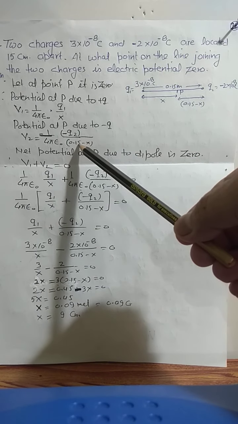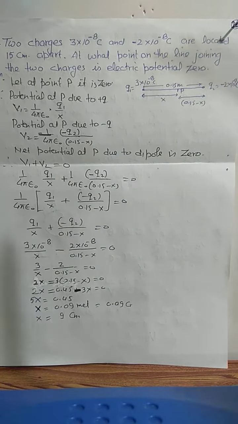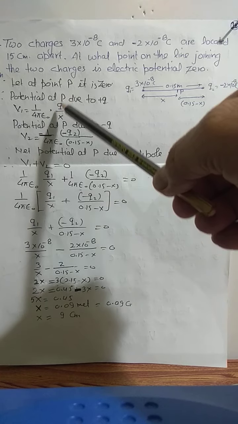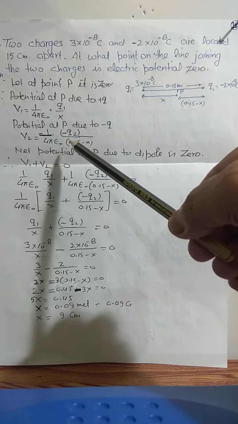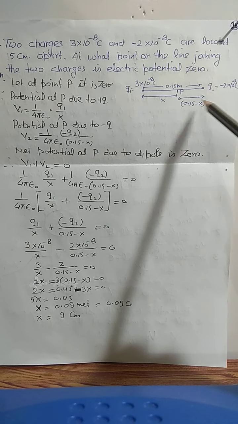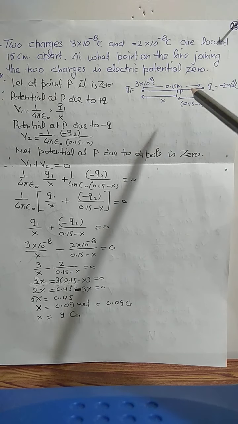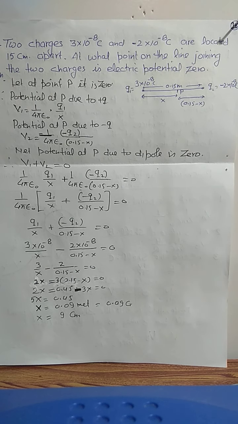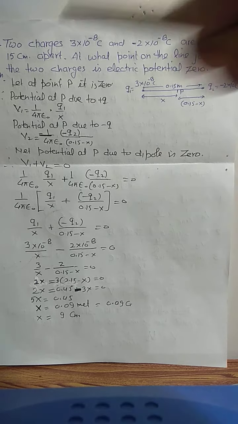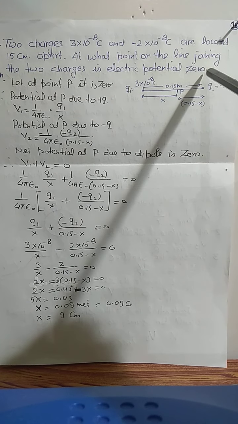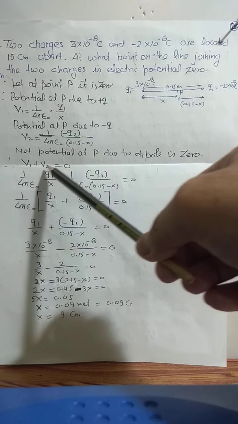And due to minus Q charge, V2 is equal to 1 upon 4 pi epsilon naught minus Q2 upon 0.15 minus x. Now, the potential at point P due to the dipole will be 0 as given in the question. So V1 plus V2 is equal to 0.